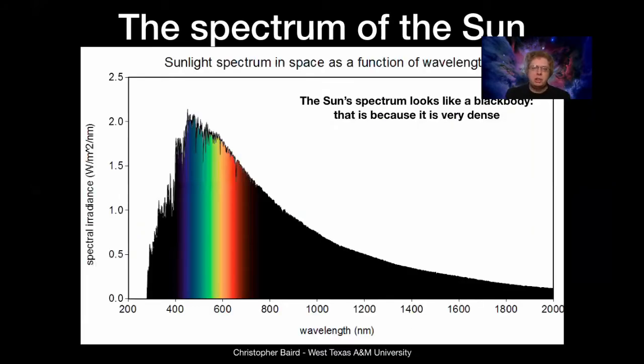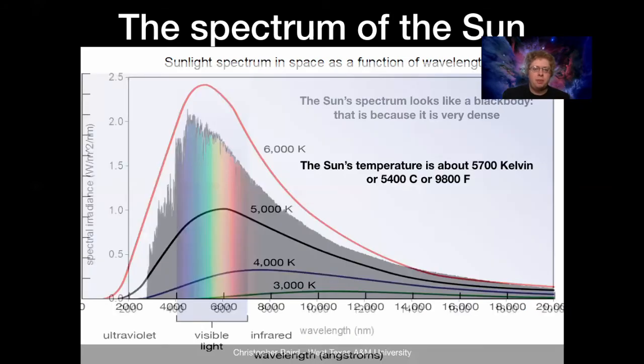So let's take a look at what the spectrum of the sun looks like. Here I'm plotting how much sunlight there is at every different color of light. The first thing you'll notice is that the sun spectrum looks very much like these black body curves. That's because the sun is very dense. There's a lot of material there, packed into a very small area.